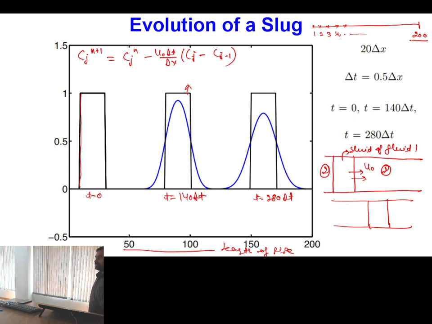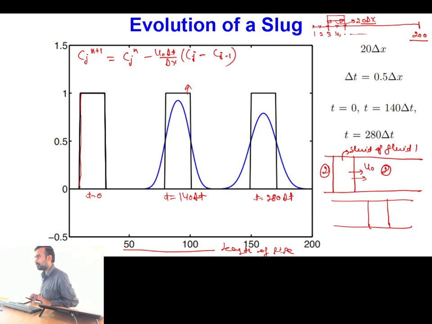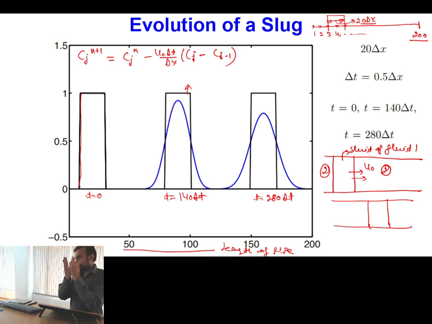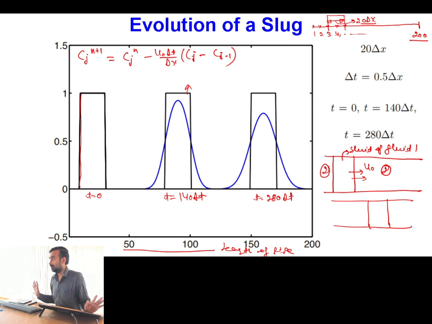This grid size I have selected in such a way that at the initial level there are around 20 grids which are defining this particular slug. All are clear with this point? So it means this slug is distributed among 20 cells initially. All are clear with this point?